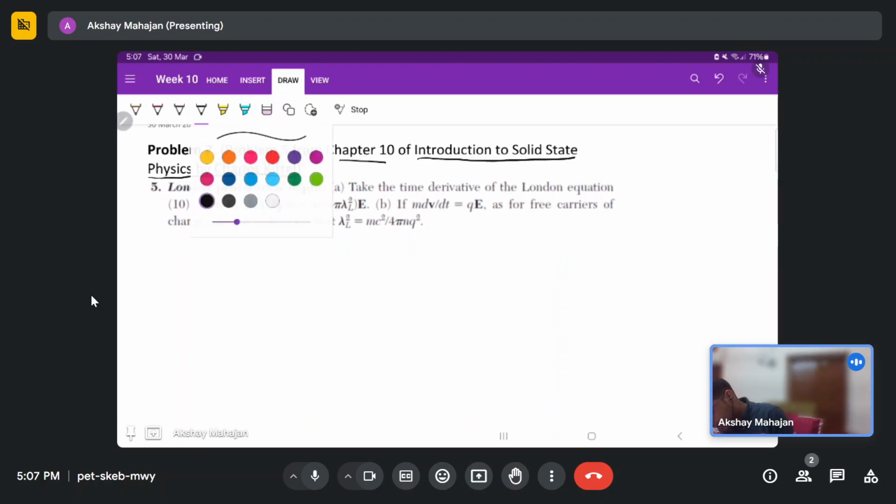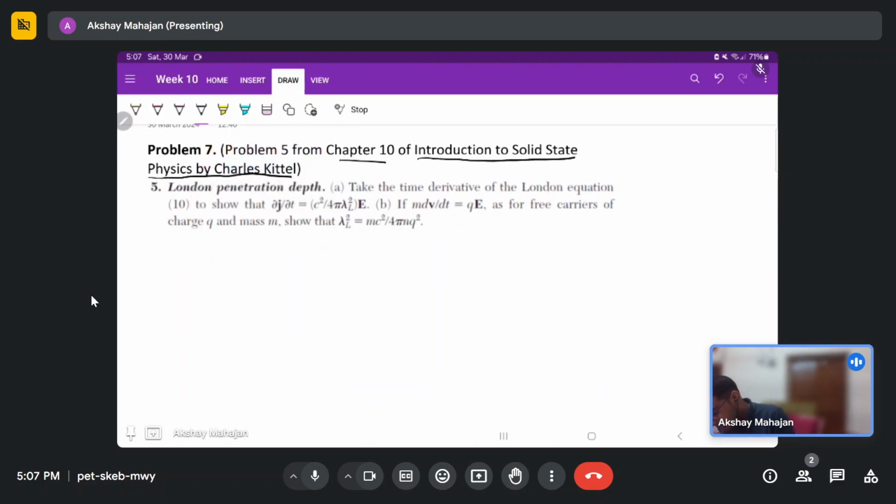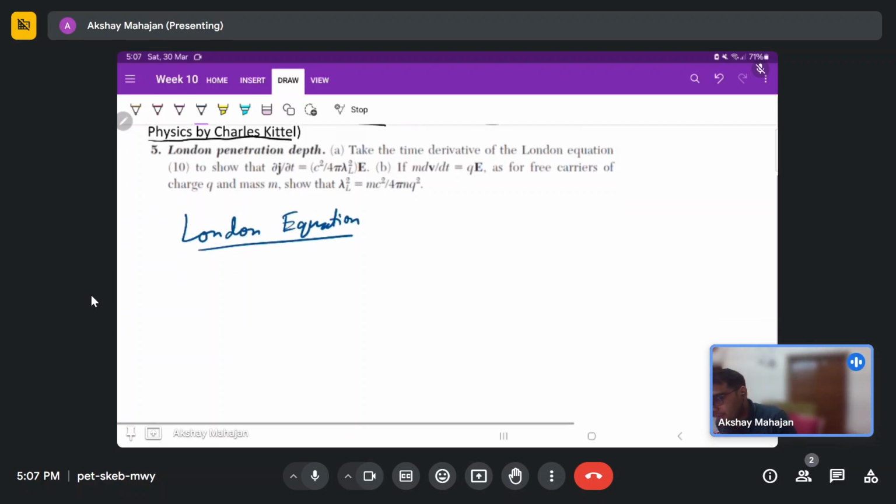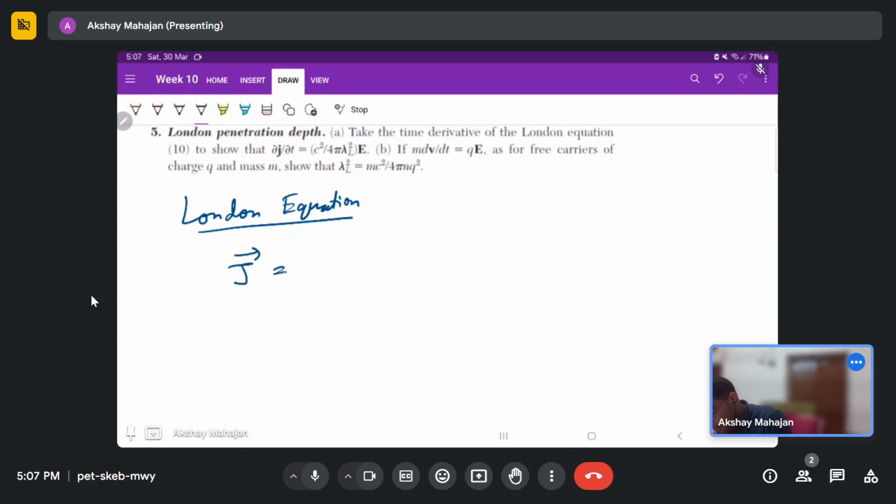Now for this, first remember what is given by the London equation. One form of the London equation, in SI units, is J vector equals minus 1 by mu naught lambda L square times A vector, where A vector is your gauge potential. But generally we are going to use CGS units.